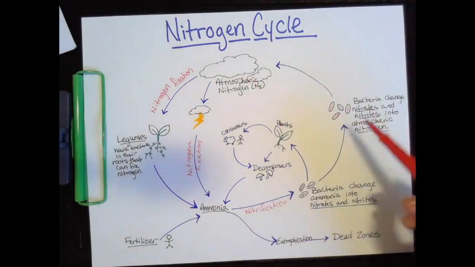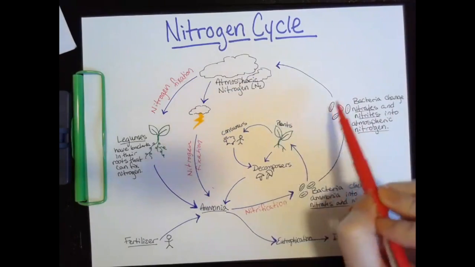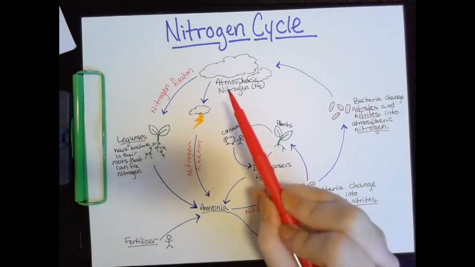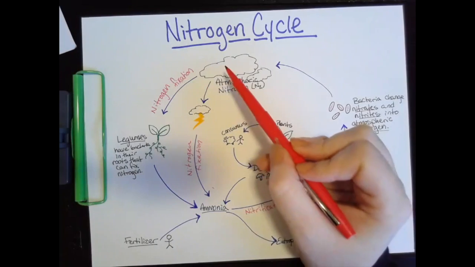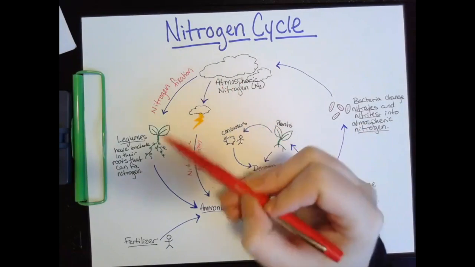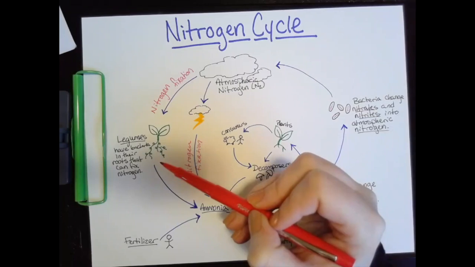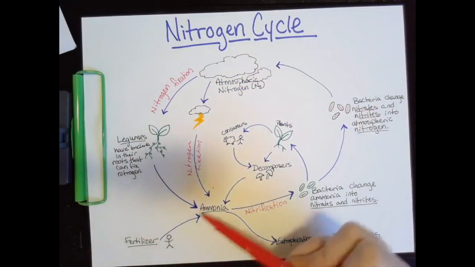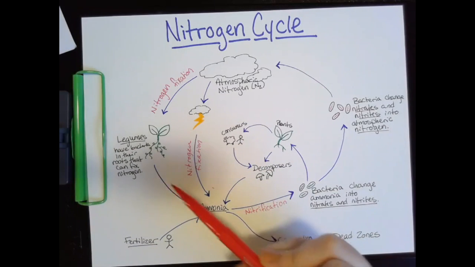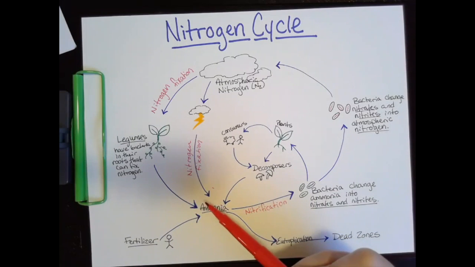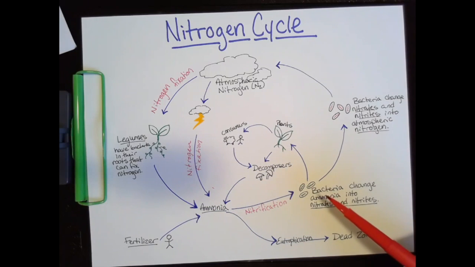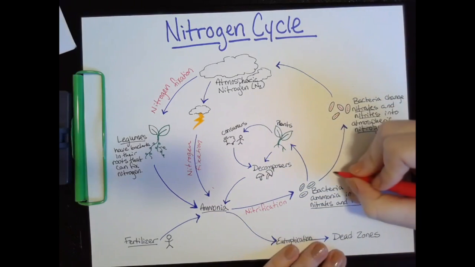So going all the way around the outside of our cycle, we started with atmospheric nitrogen. We fixed it either through legumes, the bacteria that are in their roots, or through lightning, or through artificial ways with people. We turned it into ammonia. We nitrified it to make nitrates and nitrites. And then I forgot to label this part, but then we denitrified it.